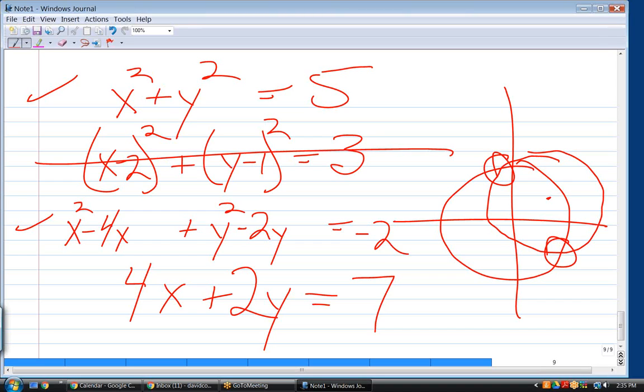Interesting problem. I haven't done one like this in a while. Wow, how are we going to solve this? Two circles that intersect. I know this distance.